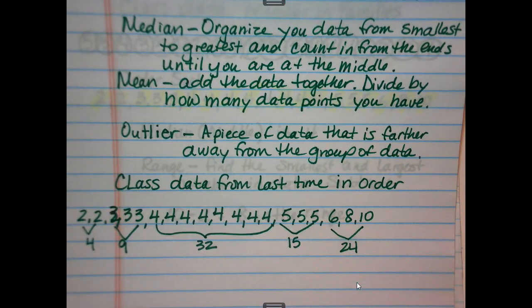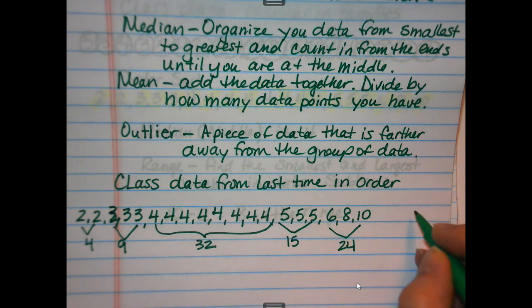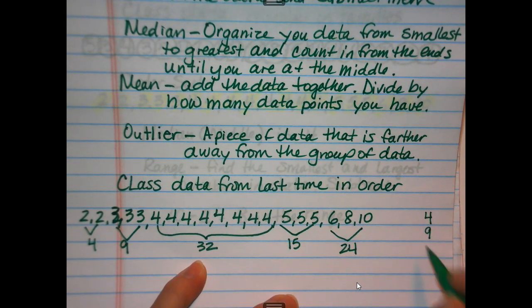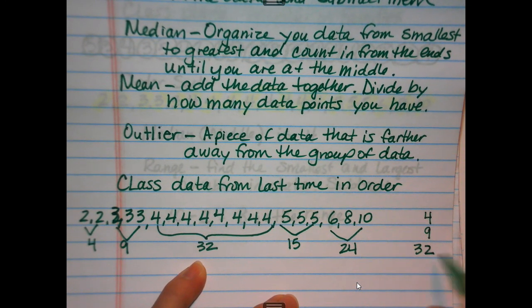So I'm going to do that over on the side here. I'm going to start with my number at the end, 4. And I have 9. Then I have 32, 15, and 24.